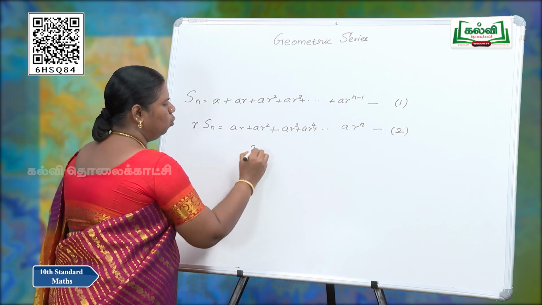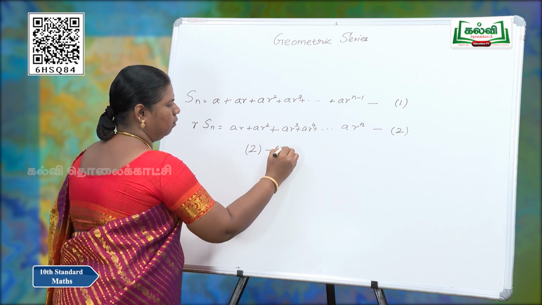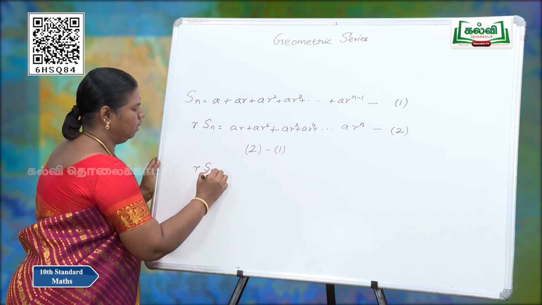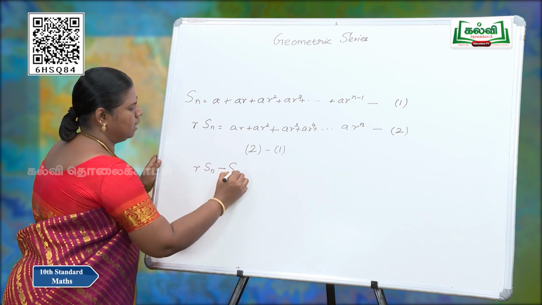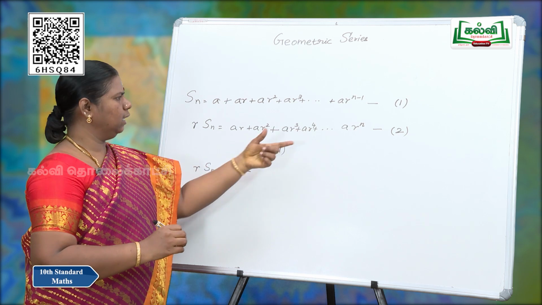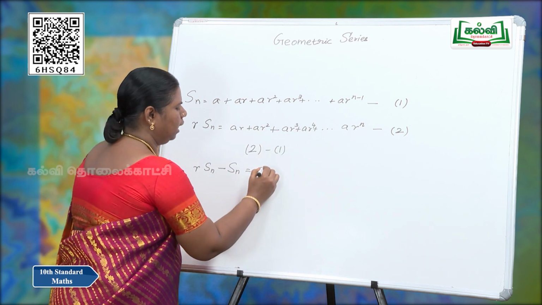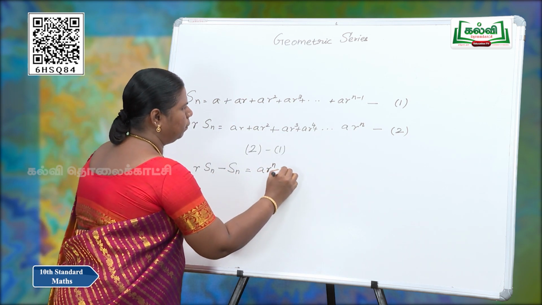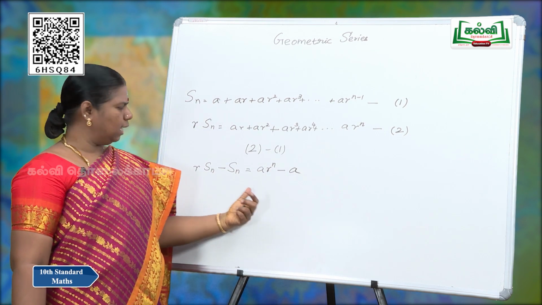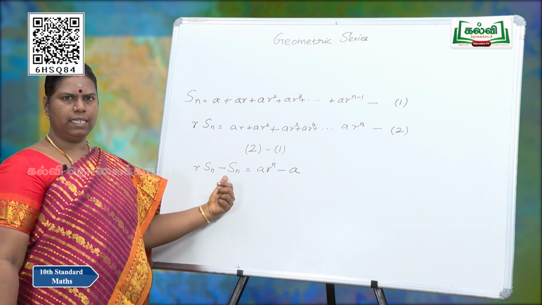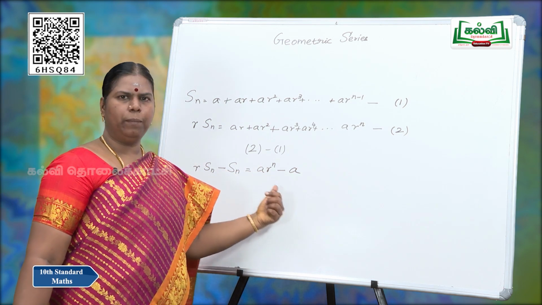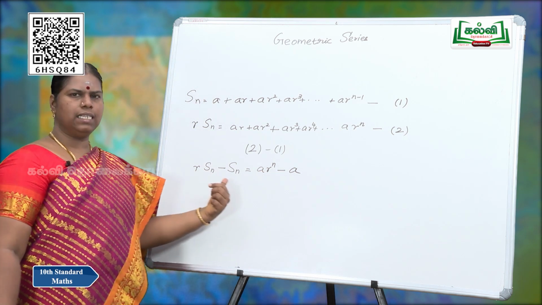So, 2 minus 1. Here we get R Sn minus Sn is equal to, all the terms will be cancelling, remaining is A R power n minus A. Here Sn is common.